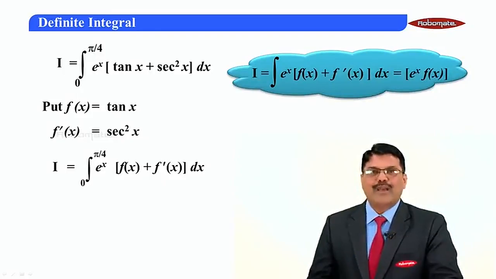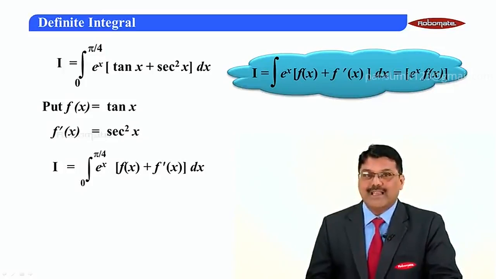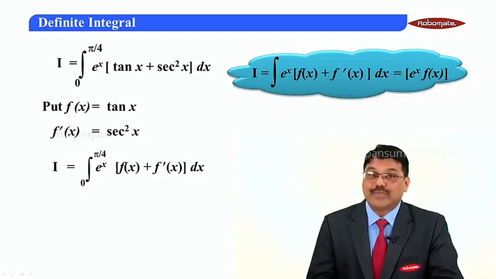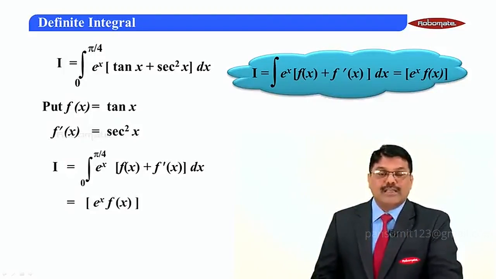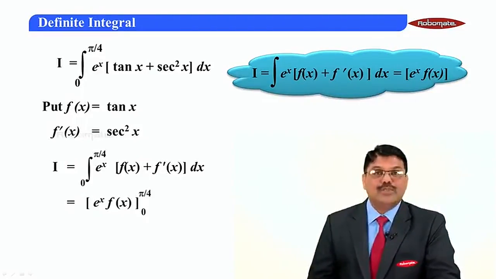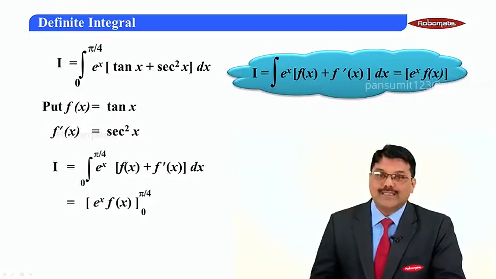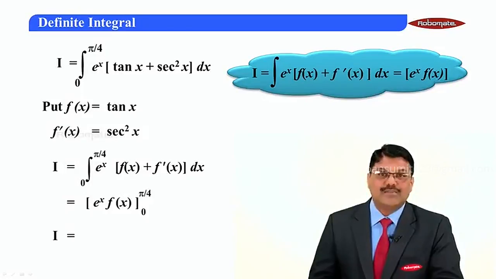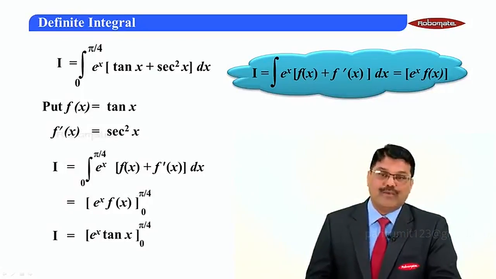That is a formula in indefinite integration: integral of e raised to x bracket f of x plus f dash x with respect to x becomes e raised to x into f of x. So here it becomes e raised to x into f of x from 0 to pi by 4. In your problem the function f of x is tan x, so the answer will become e raised to x tan x from 0 to pi by 4.